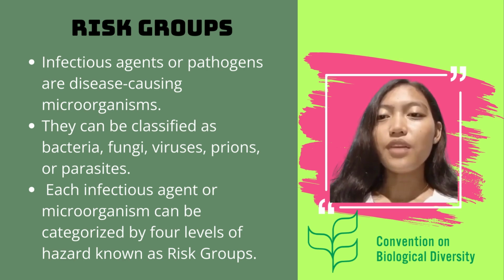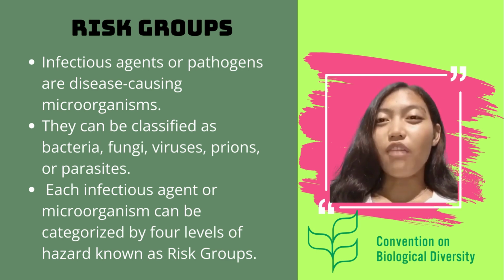The principal hazardous characteristics of an agent are its capability to infect and cause disease in a susceptible human, animal, or plant host, its virulence as measured by the severity of disease, and the availability of preventive measures and effective treatments for the disease.